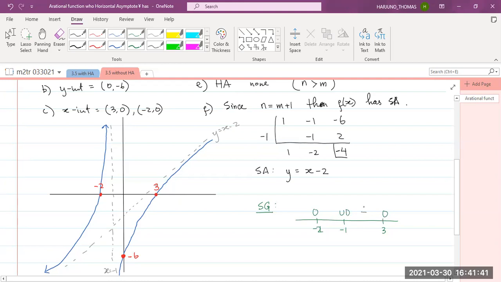The y-intercept is (0, -6), so negative, positive, this is positive, this is negative. We see that the graph is above the x-axis in this interval, and below the x-axis to the left of -2 and between -1 and 3. You see that?